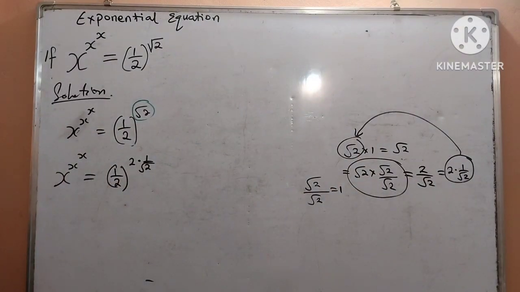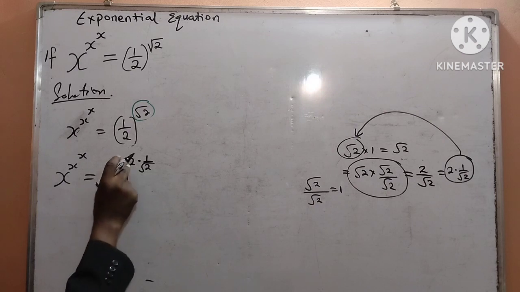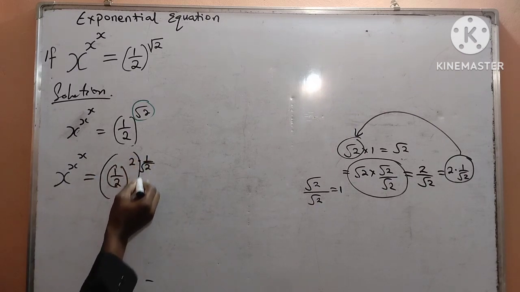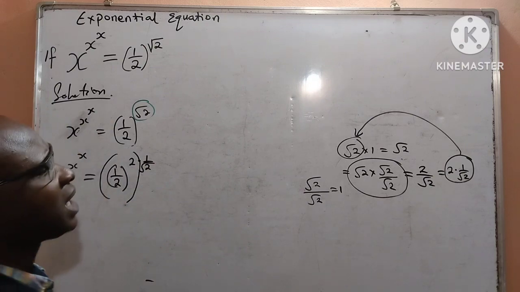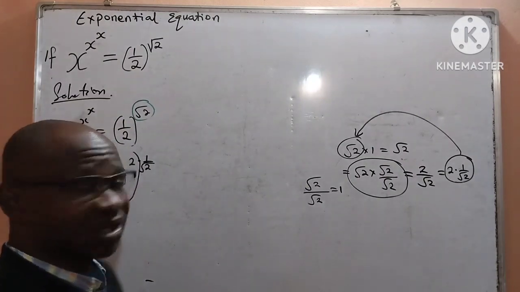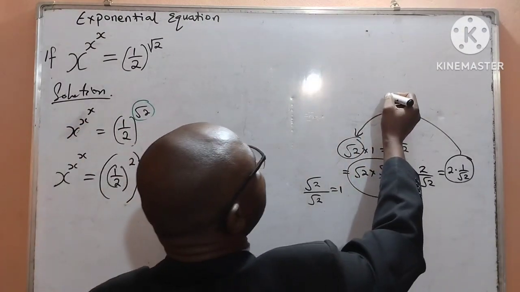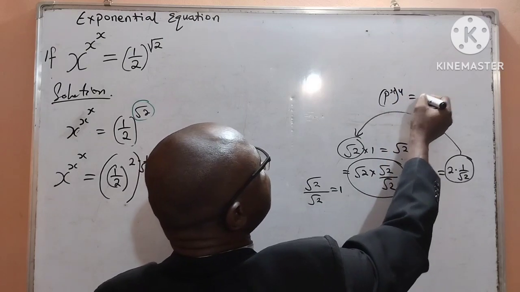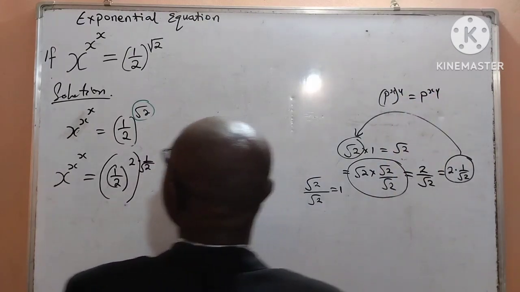The next thing I want to do is put this together with this. That means I can put two of them together in one bracket, applying the law of indices, which says that if I have p raised to power x, then raised to power y, it is equal to p raised to power xy.